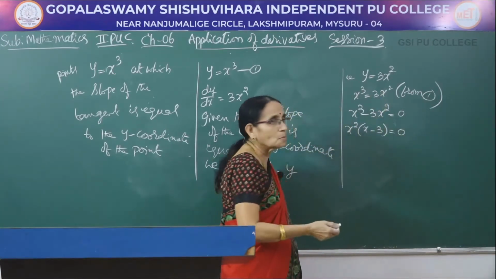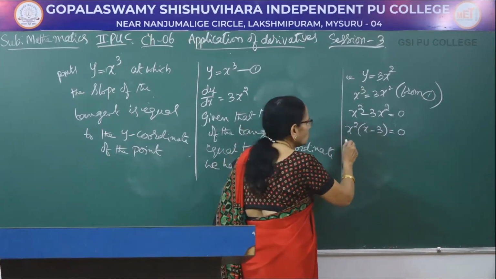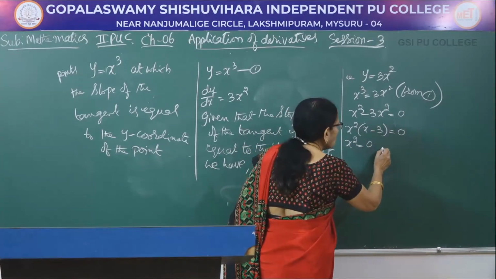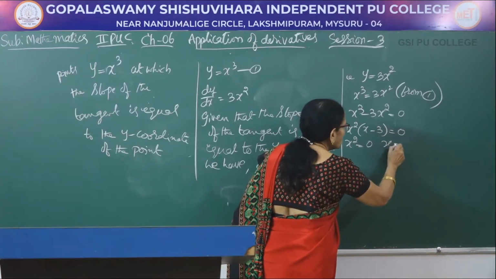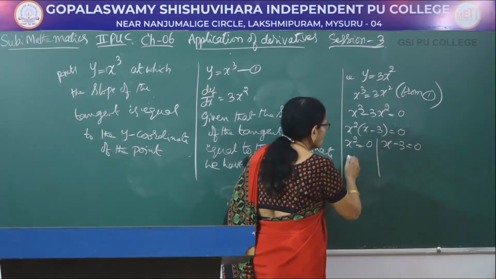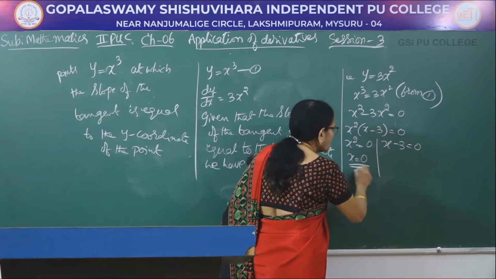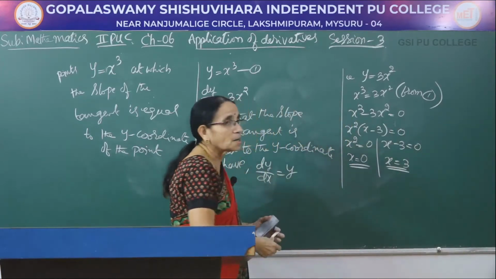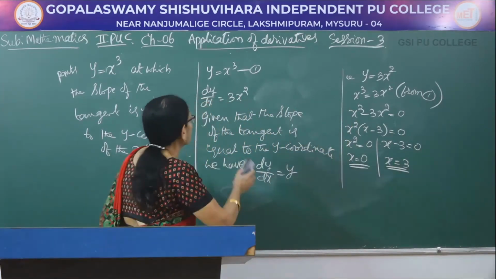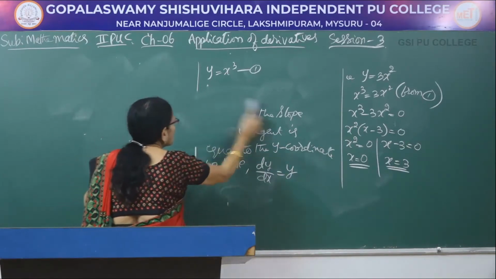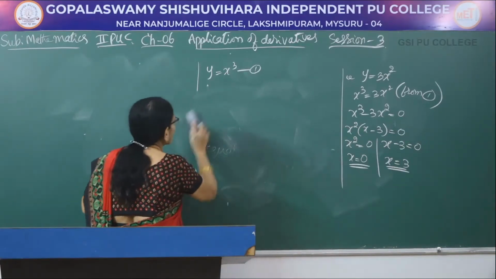If you cancel now, you will be losing one root here. So according to this, either x square equal to 0 or x minus 3 equal to 0. X square equal to 0 implies x is equal to 0, or x is equal to 3. So I got two values for x here. One value is x equal to 0, another value is x equal to 3.